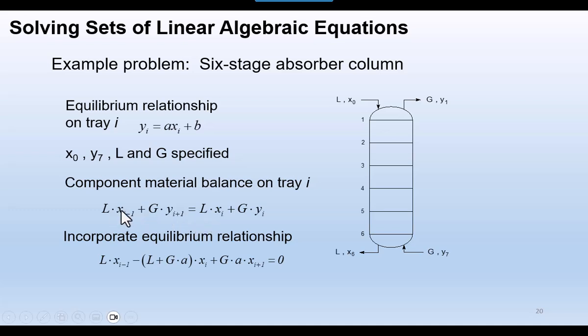It shows what's coming onto the tray and what's leaving the tray, and then they have to balance. And then to make this a little easier to handle, we can incorporate our equilibrium relationship and eliminate the y variables and come up with a single linear equation for each of the trays.